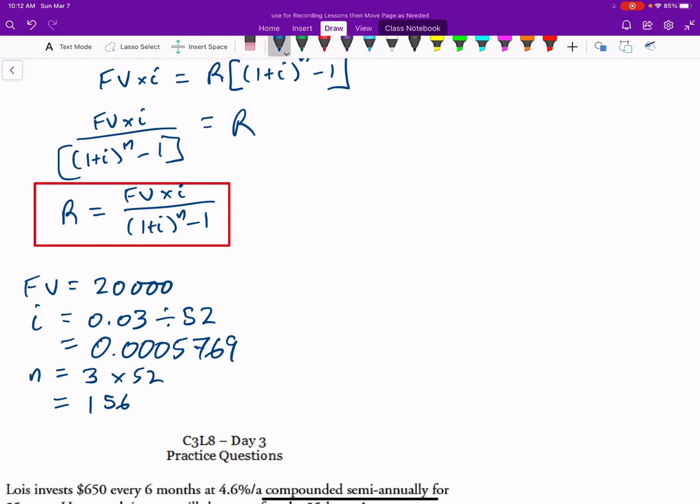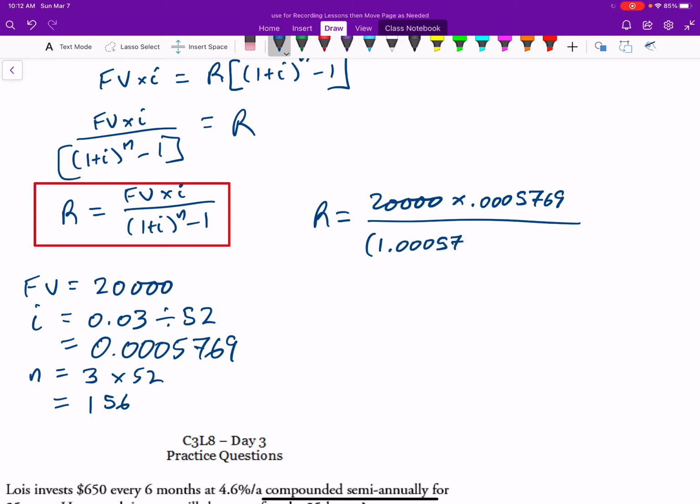So R is going to equal future value $20,000 times i, which was 0.0005769, over 1.0005769 to the exponent 156 minus 1.